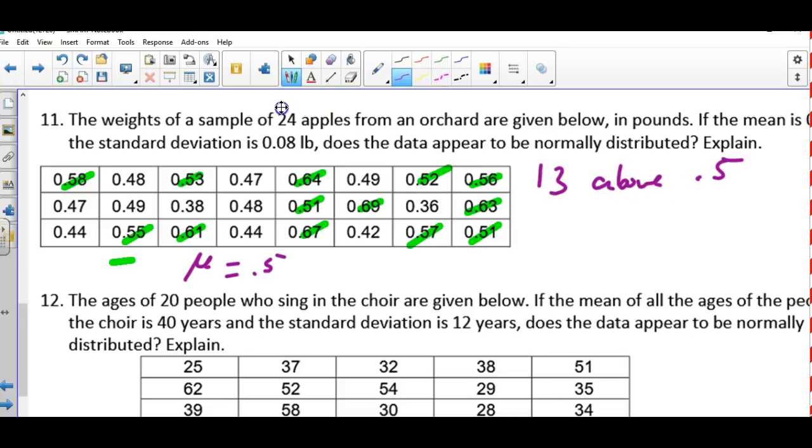Well, it's 24, so let's do the math. 24 minus 13 is 11. So there are 11 below 0.5. On a normal distribution of 24, it would be 12 and 12. How far from 12 and 12 are we? We're only one off. So this is pretty normal. This is a normal distribution.